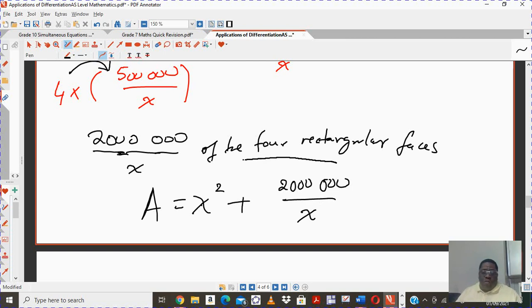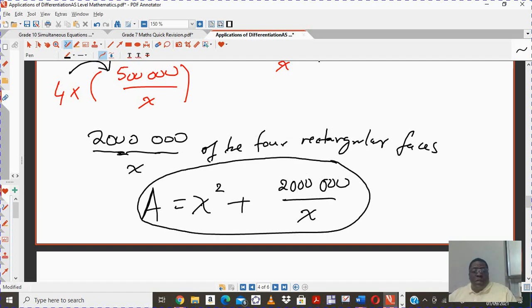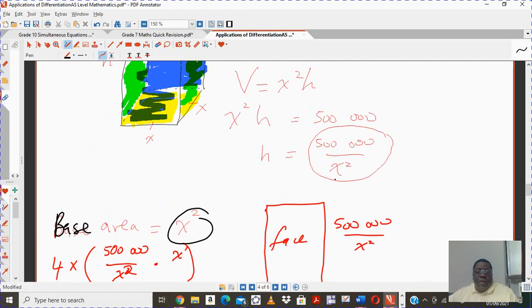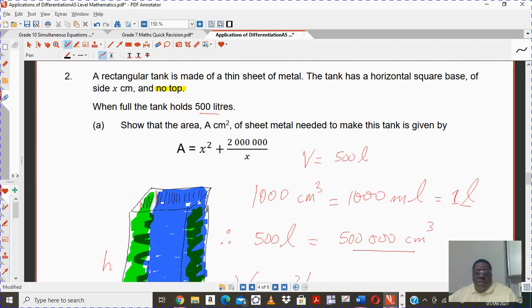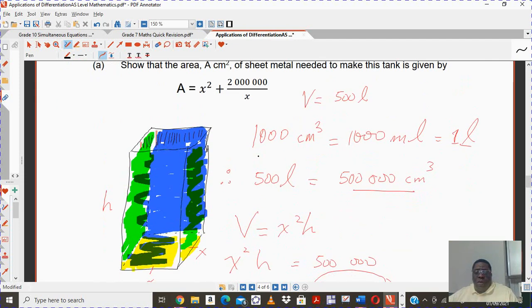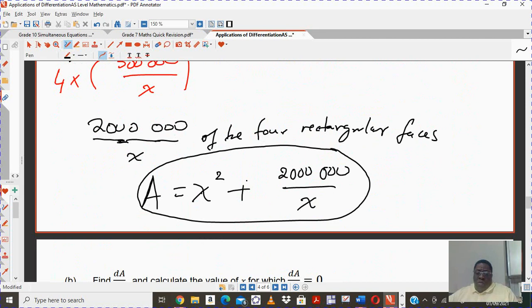Let's just make sure that this is indeed what they wanted us to prove. So let's go back. We realize it's x squared plus 2 million over x, and that's exactly where we ended up.